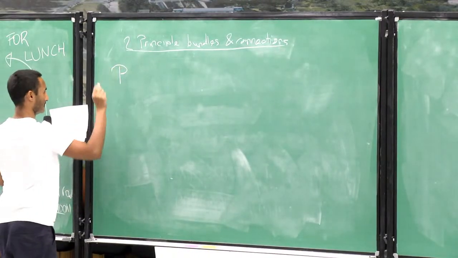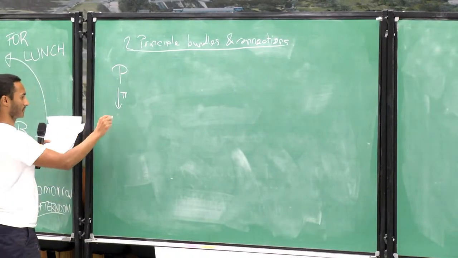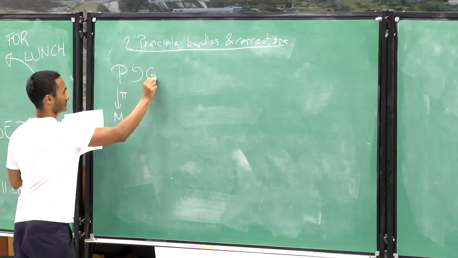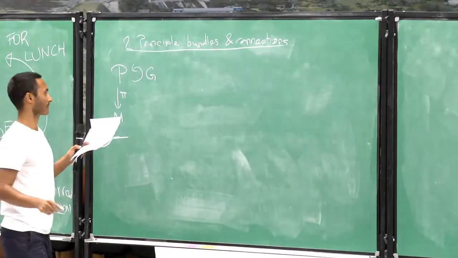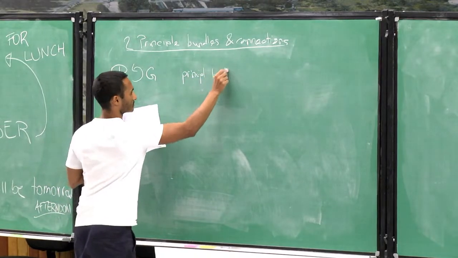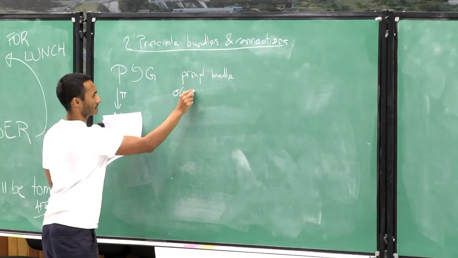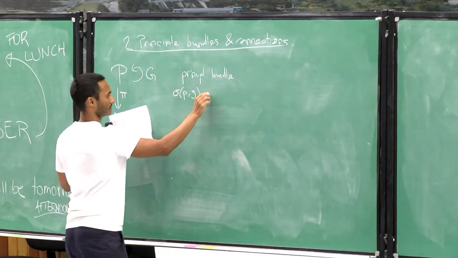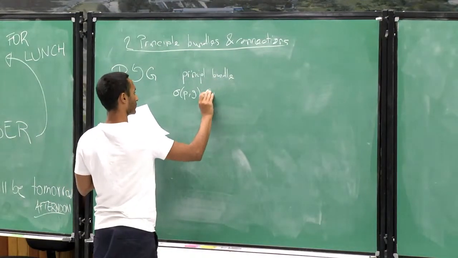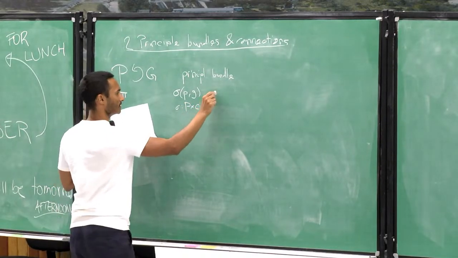We denote by P the principal bundle. Then we have this projection map pi, which maps to the base manifold M. And then we have a right action by a Lie group G. So this is the principal bundle. To have some notation, we write sigma of P comma G for the right action. So sigma goes from big P cross G to P, by definition the right action.